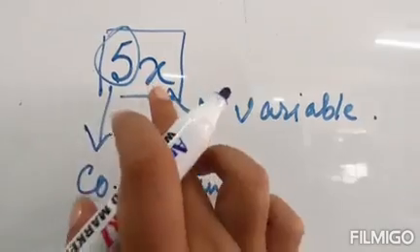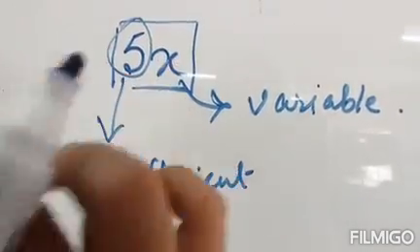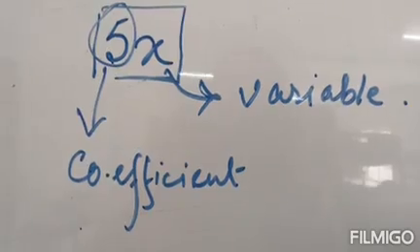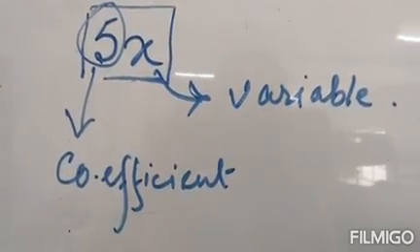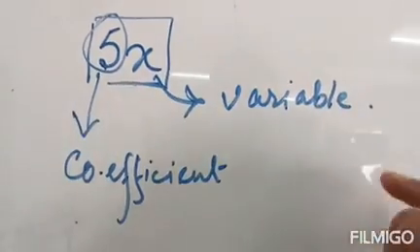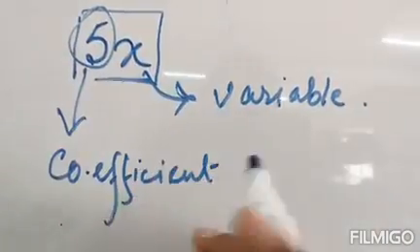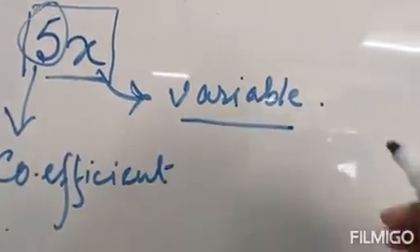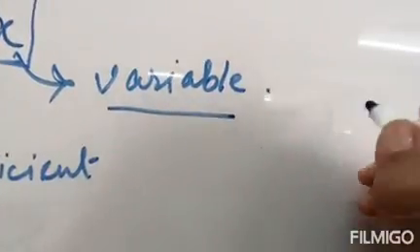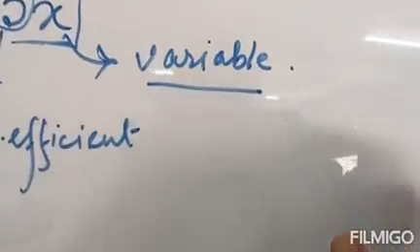The number that is present just before the variable, that is the coefficient. And the alphabet that is written just after it is known as variable. Now when we thread together all the terms with an operator, we say it as polynomial.